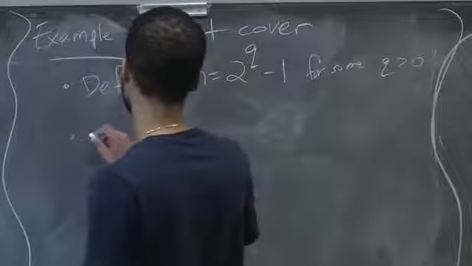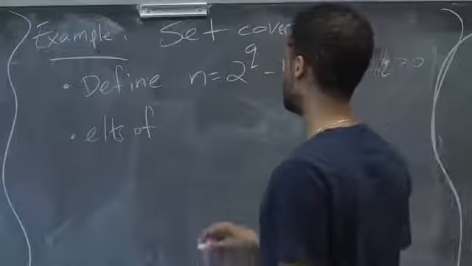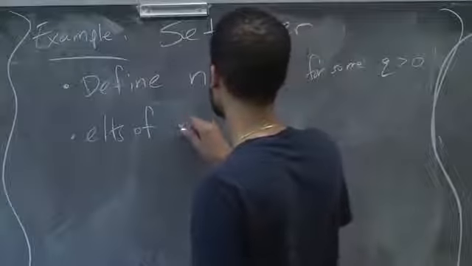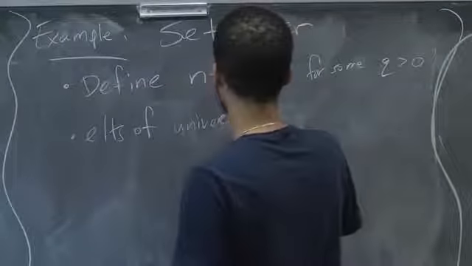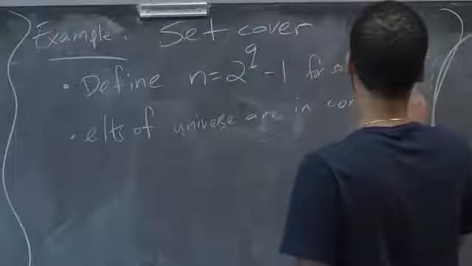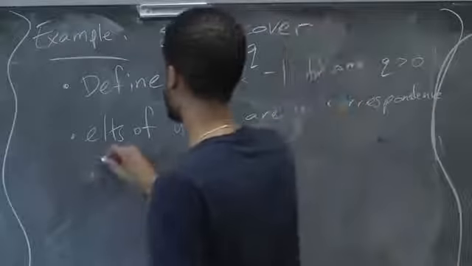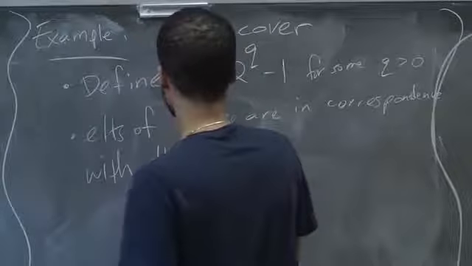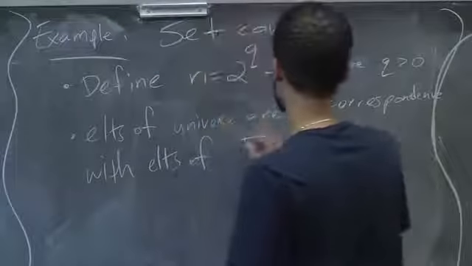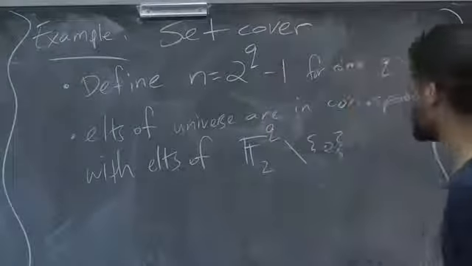And elements of the universe are in correspondence with elements of F2^q without 0. So what is this?